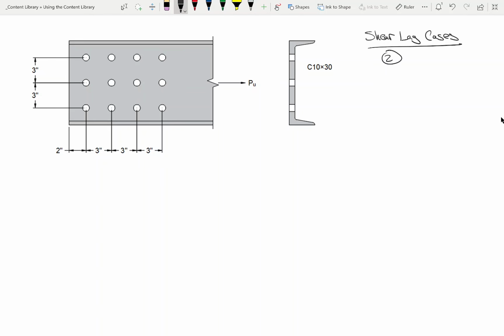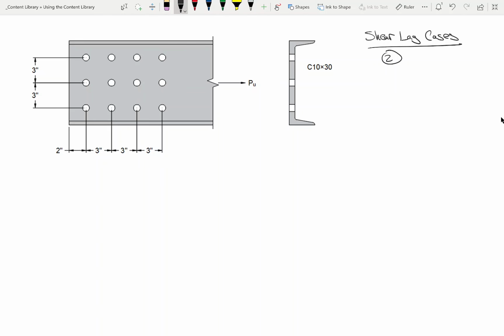Okay. By the way, do you see channels represented in any of the other cases, cases 3 through 8? And this isn't a trick question, by the way. Do you see channels showing up in any of the other cases? Which one? 4. Is there a channel in case 4? Just plain angles, channels with welds at heels, T's, and W shapes. Okay, but channels with what? With welds at heels. Okay, right. So while it's referenced, we don't have to use that because we're not connecting this with welds, we're connecting with bolts.